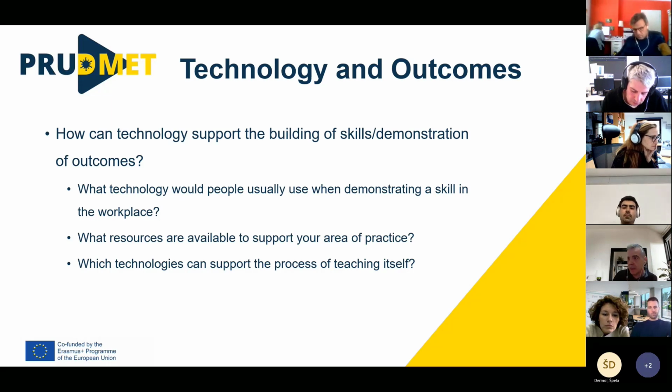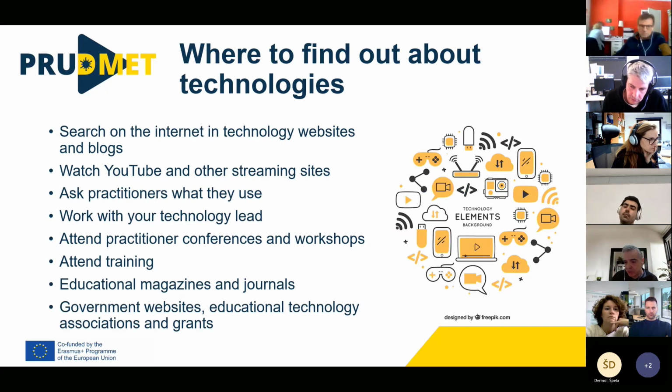Some technologies can be better to build certain kinds of skills. The idea is to work directly with the technologies that we consider more interesting and more important. For this reason, the last point of this unit is basically where to find out about the technologies.